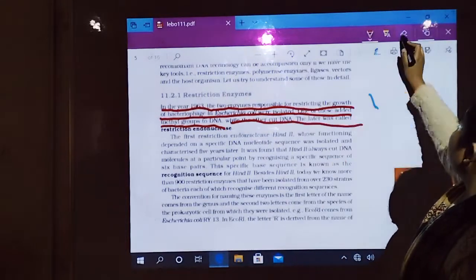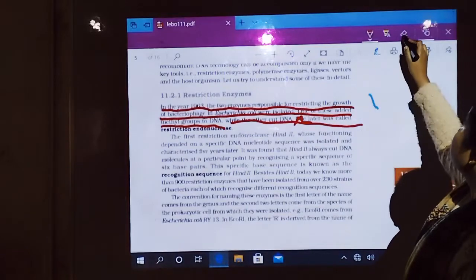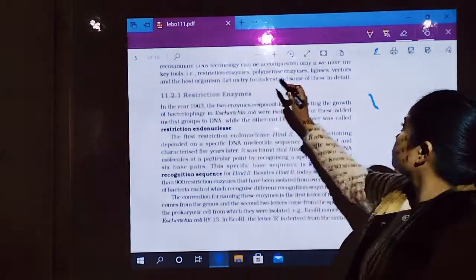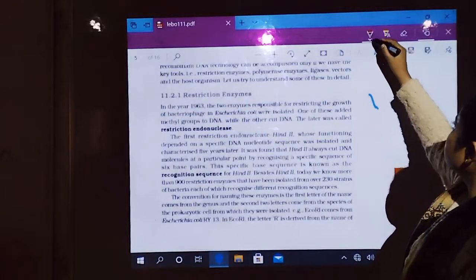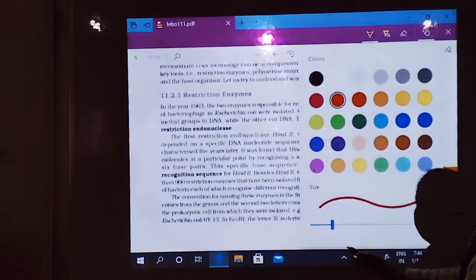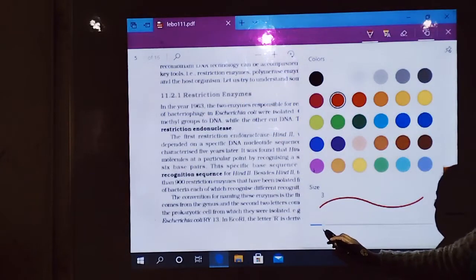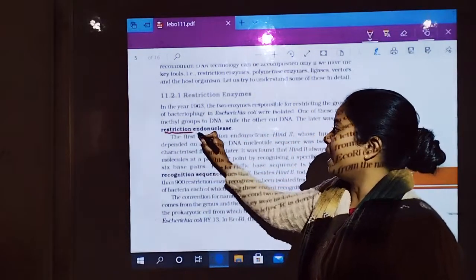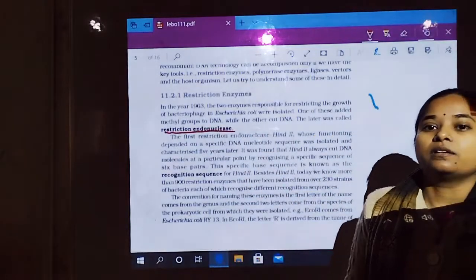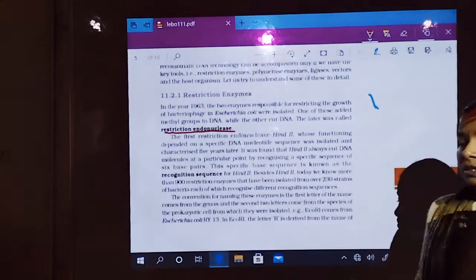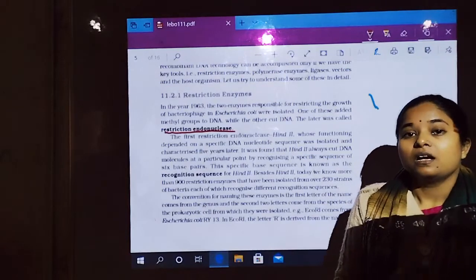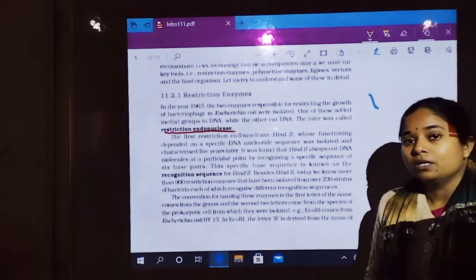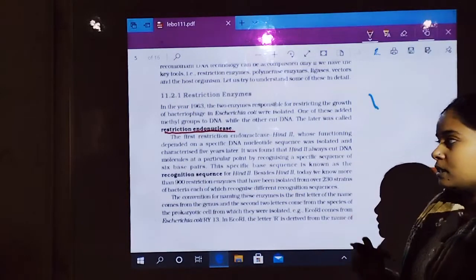The latter is called restriction endonuclease. So what is the meaning of this? In 1963, there are two types of restriction enzyme. First is one that adds a methyl group.